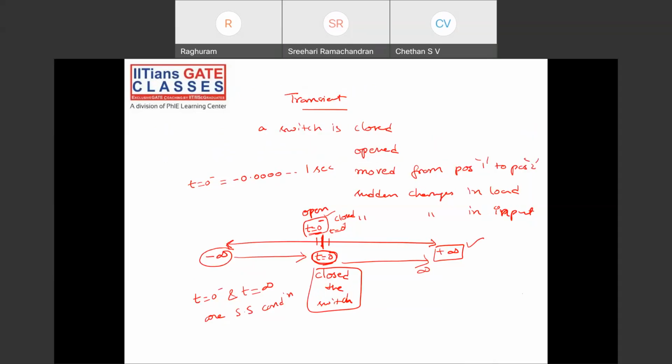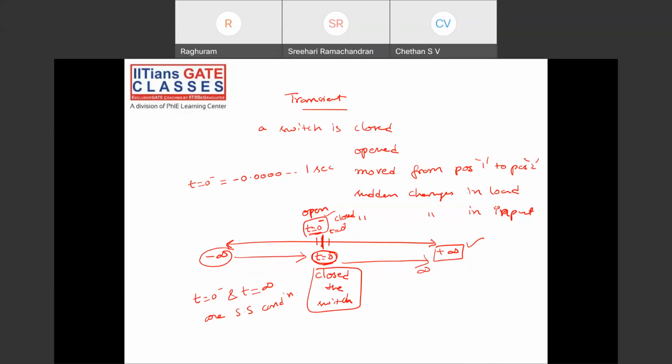You have to understand one more thing. As I told you, t equal to 0 is the switching action, maybe closing of a switch, opening of a switch, or changing the switch. So t equal to 0 minus and t equal to infinity are the steady state conditions.